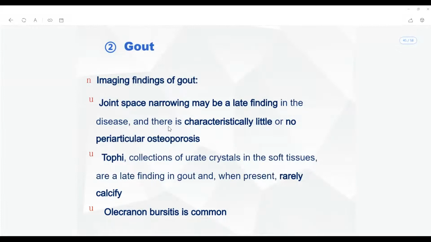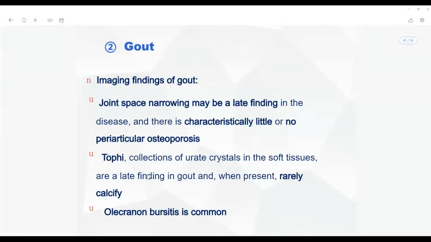Joint space narrowing generally will be a late finding, and characteristically there will be no osteoporosis. Collection of urate crystals along the soft tissues will be happening. It is happening inside the joint, but not along anything that has to do with the bone.